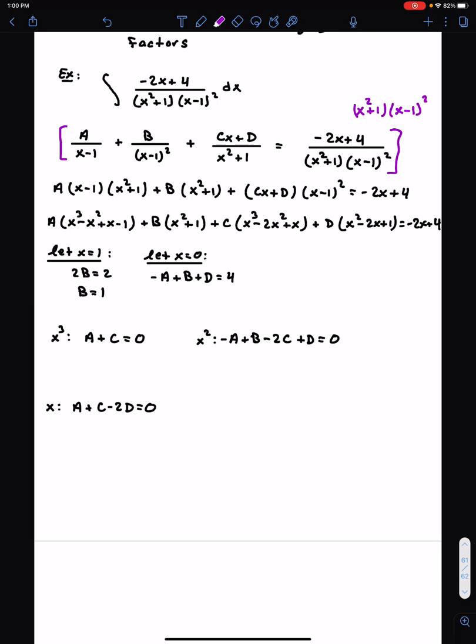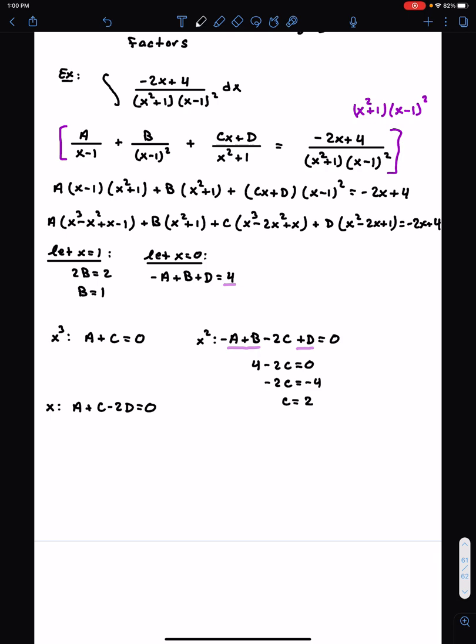Negative a plus b plus d is equal to 4, and I have negative a plus b plus d is the same thing. So I'm going to plug in a 4 minus 2c is 0. So negative 2c is negative 4. So I found c to be 2.